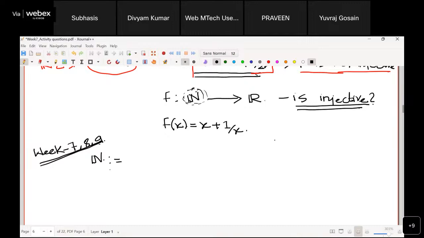But for this calculus part, you always have to remember that your natural number actually starts with 1, 2, and so on.